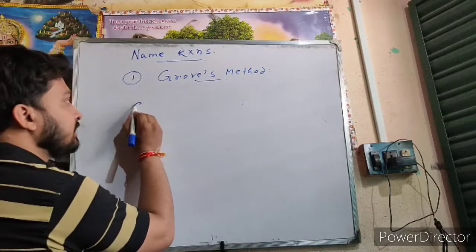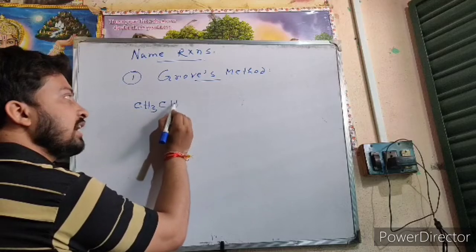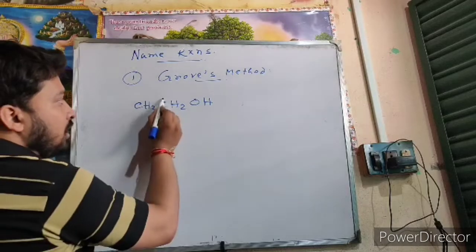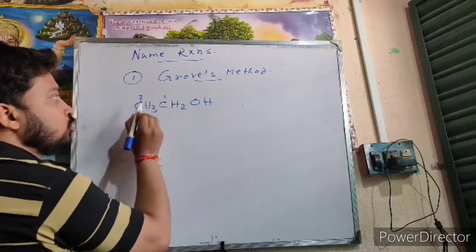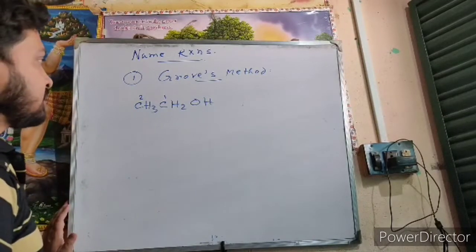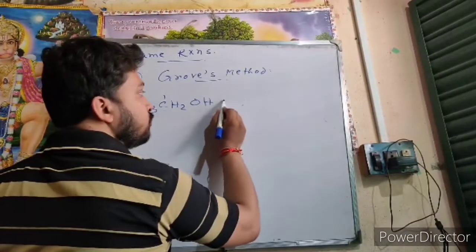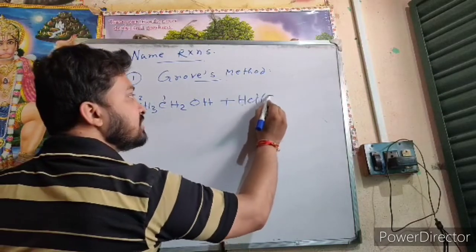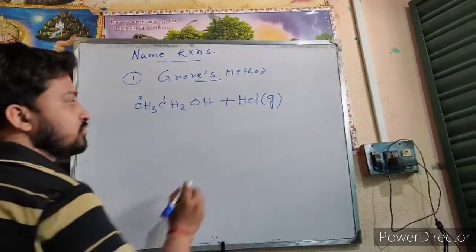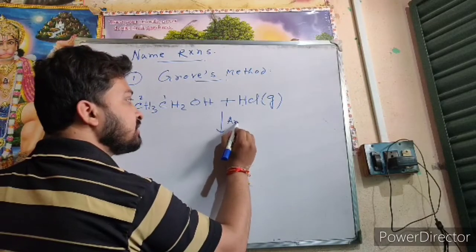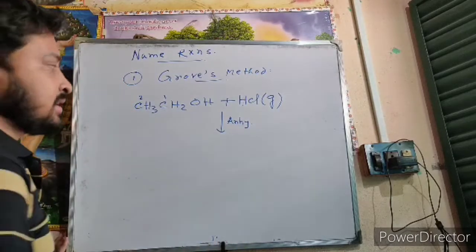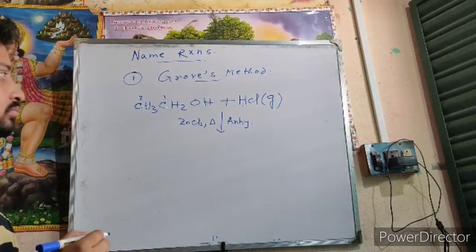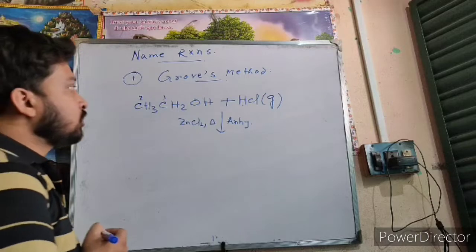You just take CH3CH2OH, that means ethanol, and you react it with HCl gas, and you take anhydrous ZnCl2 and heat. Okay, so just watch.